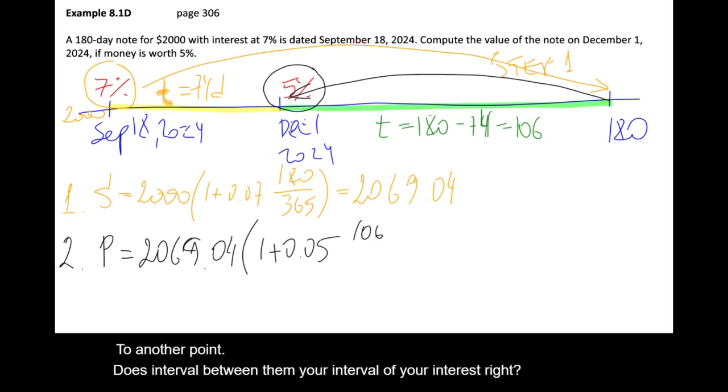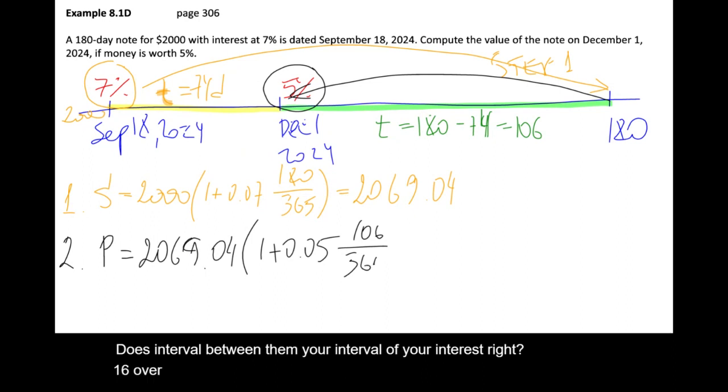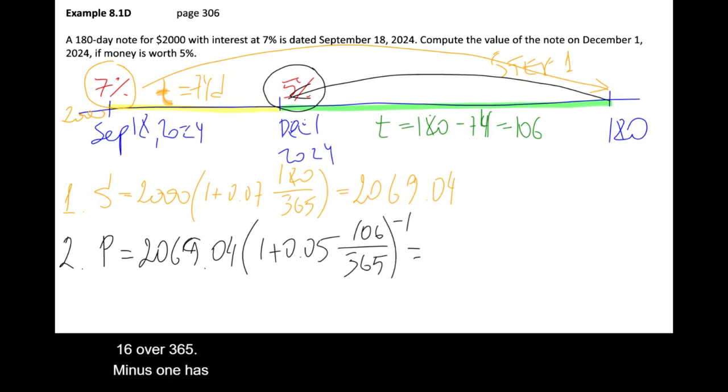So 106 over 365 minus 1 as exponent. So let's calculate that. I have $2,039.43. Please confirm my number.